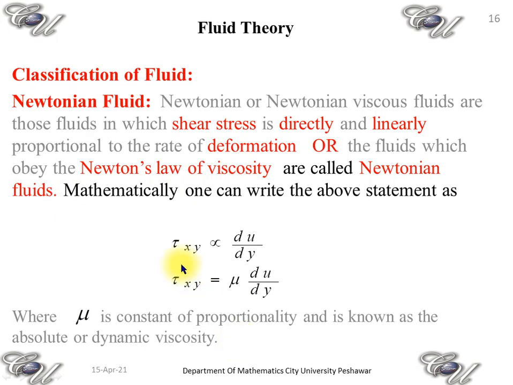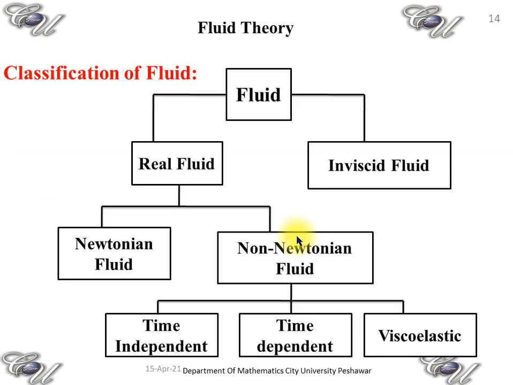And again, if you look at this flow chart, the real fluid is divided into Newtonian and non-Newtonian fluids. These are the main two types of real fluids.